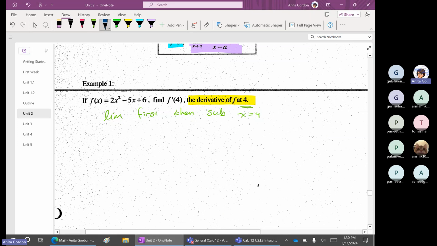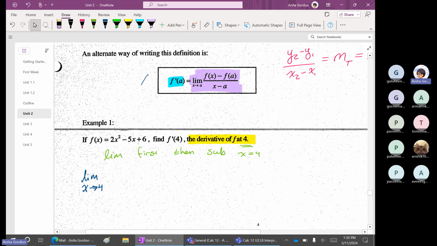Okay, so we can do this. We can say the limit as x approaches 4. So I'm going to use this method here.